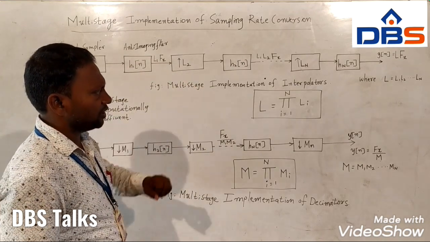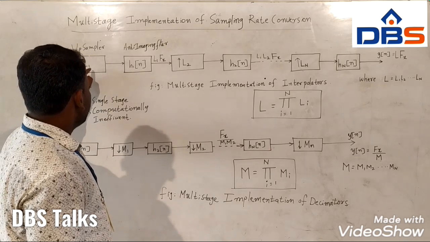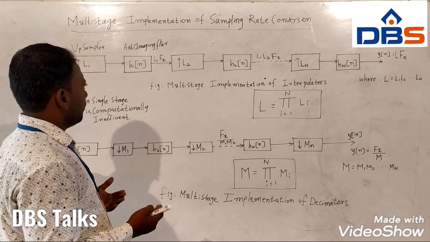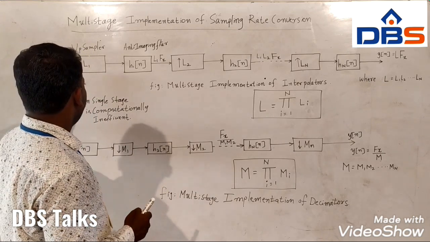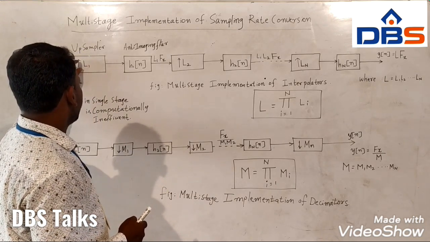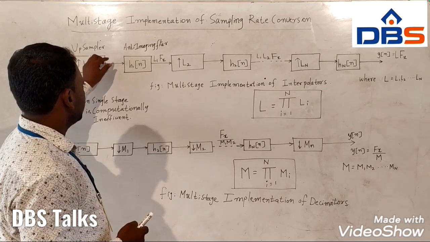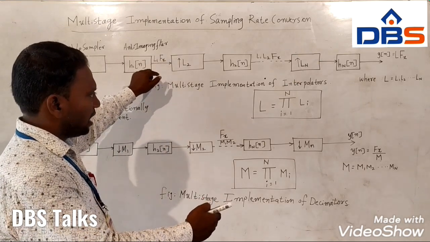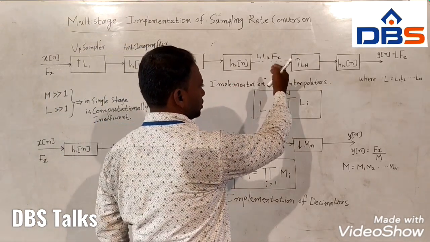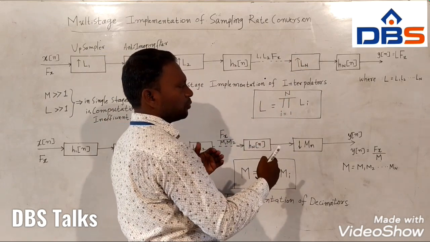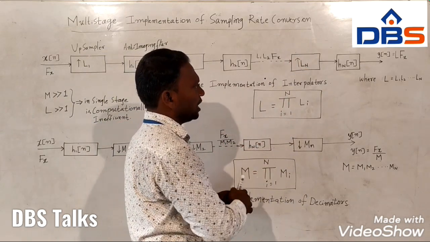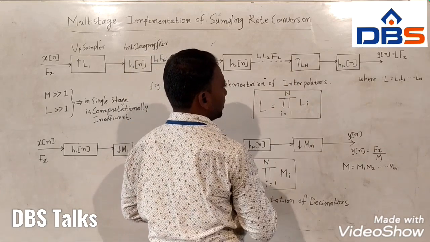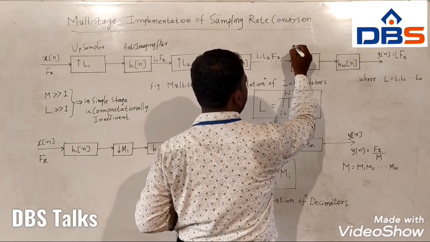After that, L2 is the second upsampler, which does upsampling by L2. The output of L2 is passed to H2(n), and the H2(n) output is L1 L2 Fx. So L1 and L2 are multiplied with the input rate Fx.